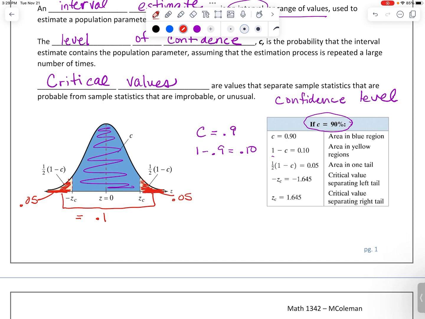Then, based on your critical value, this has to do with your standard normal. And we talked about before in the past how on a standard normal curve, 68% of the data is in the center, and then each tail has a certain amount. So basically what we're finding is a critical value. And so z_c is what we call a critical value.